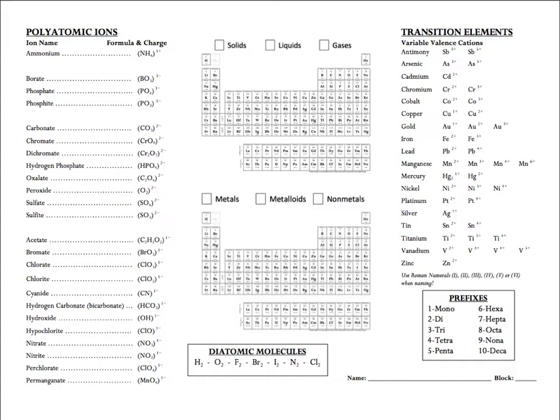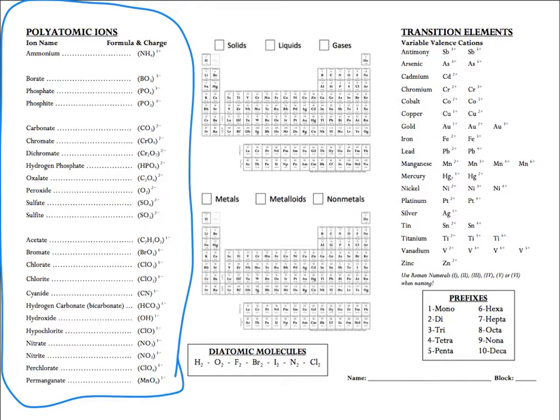So we're going to focus on this section for today. And then here are our prefixes for covalent compounds, and these are the diatomics, which will always be named either oxygen gas or dichlorine, for instance.